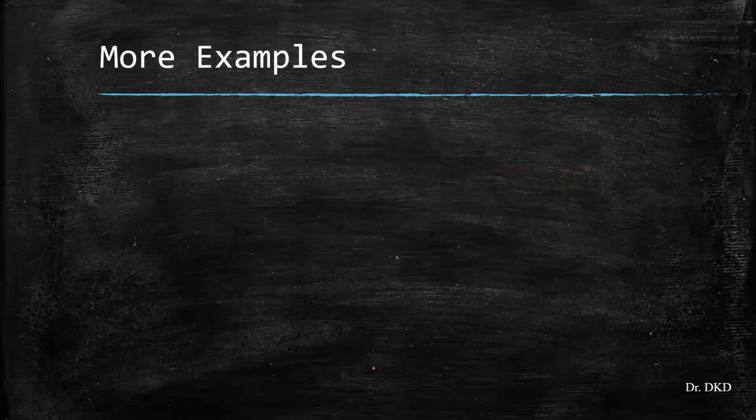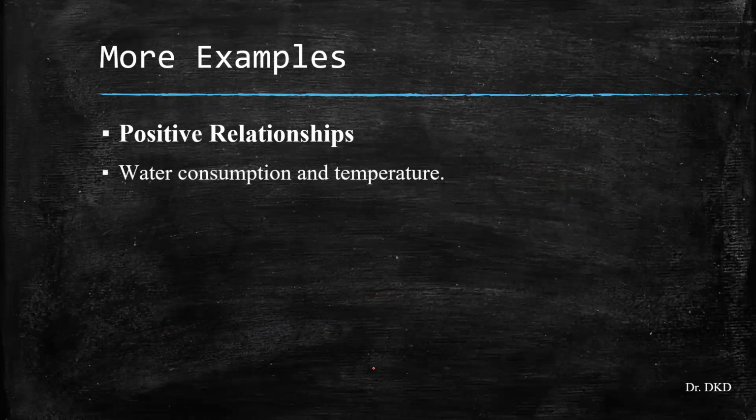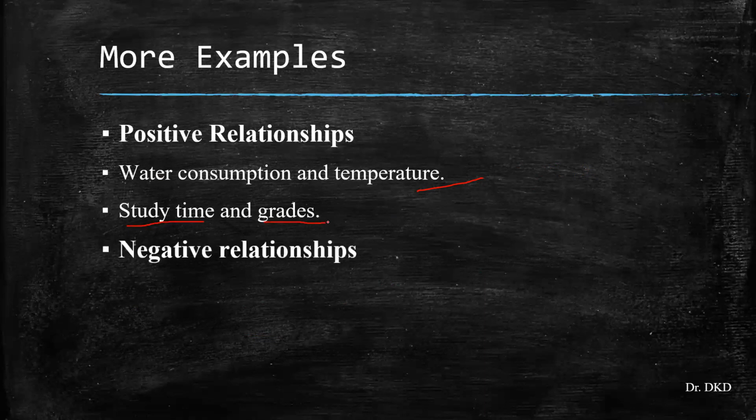Now, one more example of positive relationship is water consumption and temperature. Once temperature is increasing, water consumption would increase in the same direction. Likewise, study time: when students study more, their exam grades would increase in the same direction.